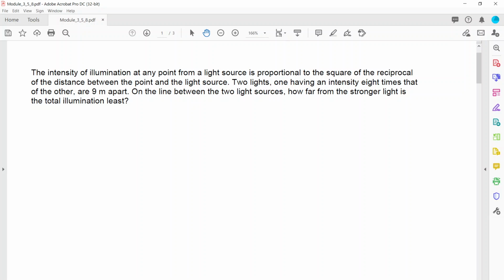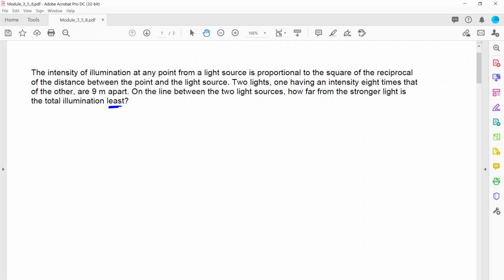First of all, we have to make sure that this is an application of derivative problem, because you can see that we need to find out the least value. So least means minimum. We need to find the minimum. And in calculus class, if you have to find a maximum or minimum value, that's the application of derivative.